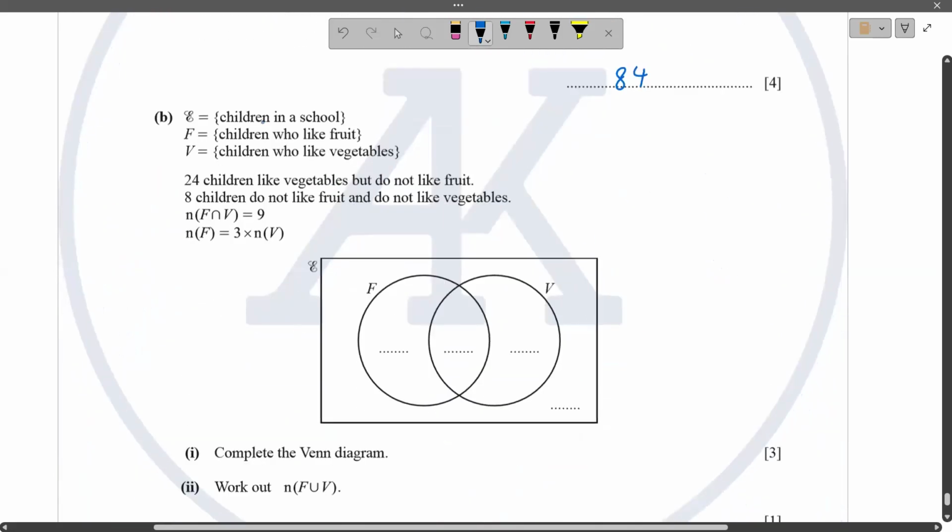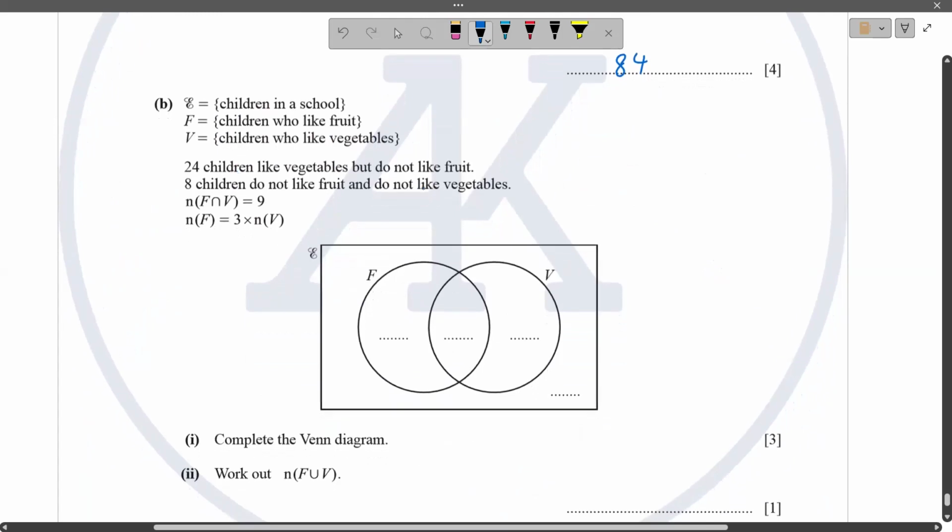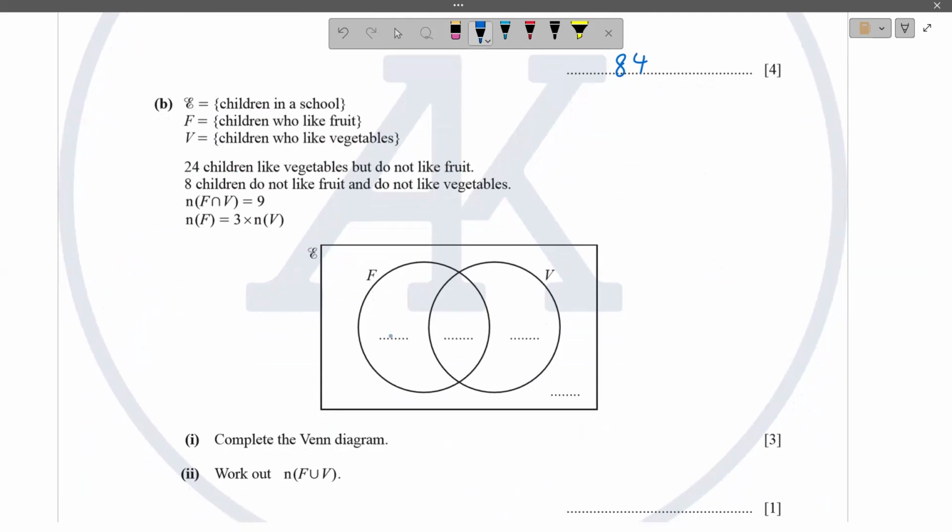Venn diagram, children in school, we have F for fruits and V for vegetables. 24 children like vegetables, but don't like fruit. That means 24 is here. It's only for the vegetables. 8 children don't like fruit and don't like vegetables, so 8 is here.